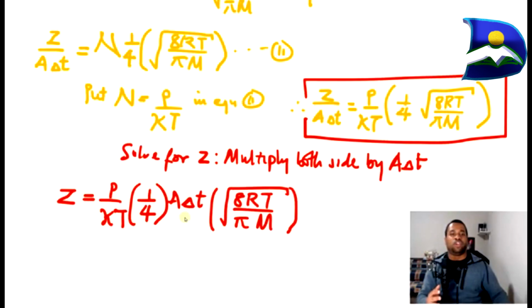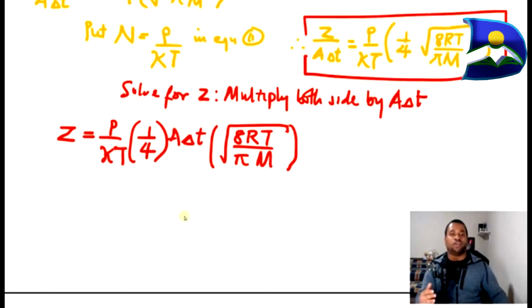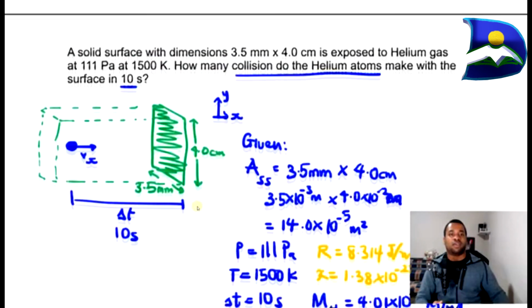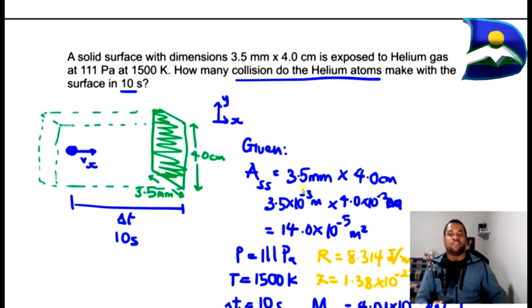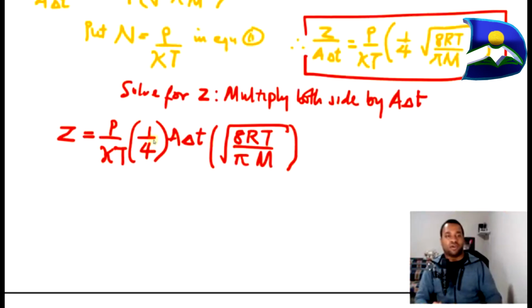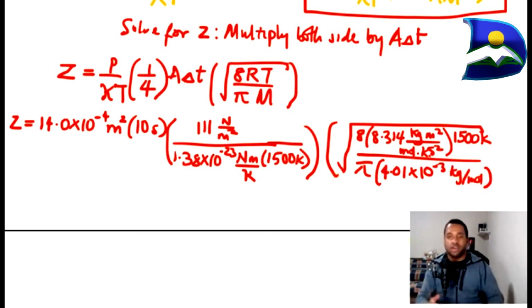Once we have this equation, we'll be able to solve for our Z by putting all our givens in this particular expression right here.